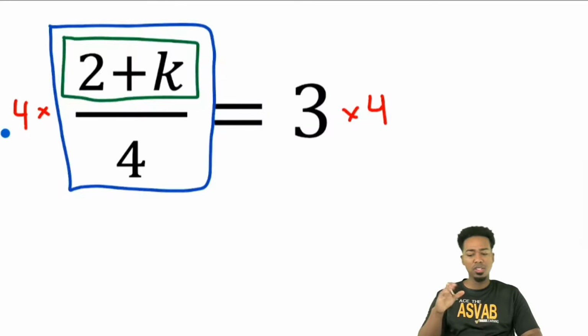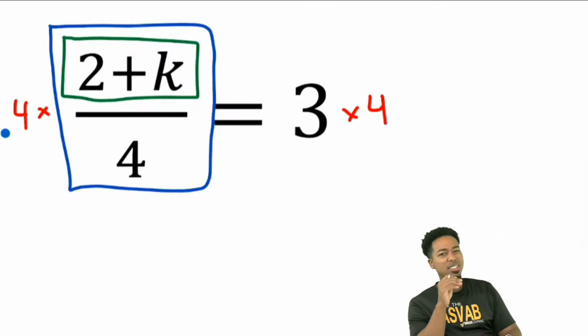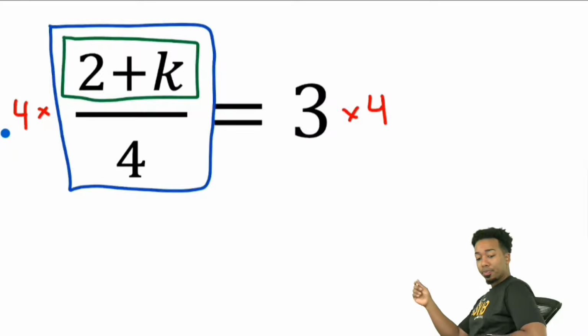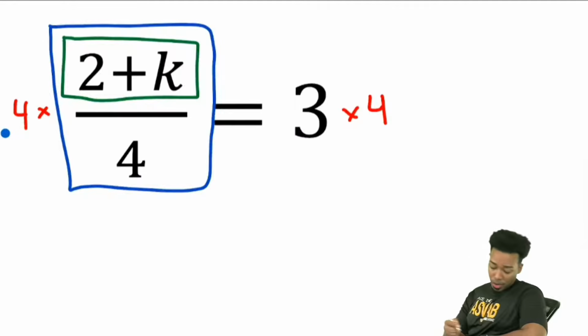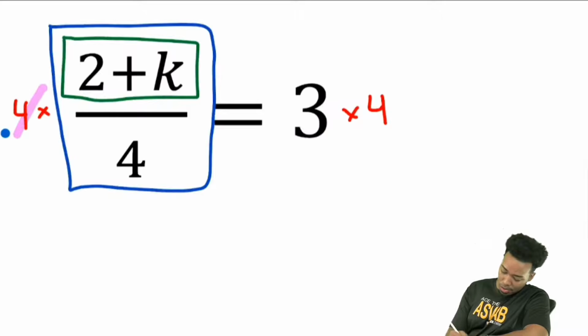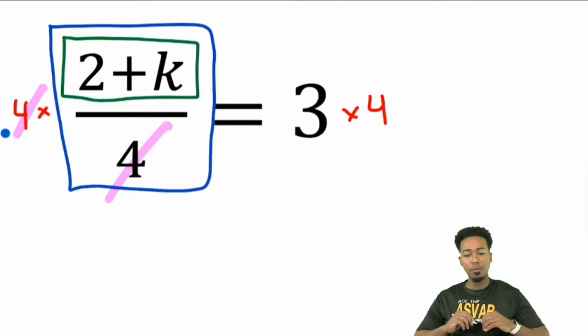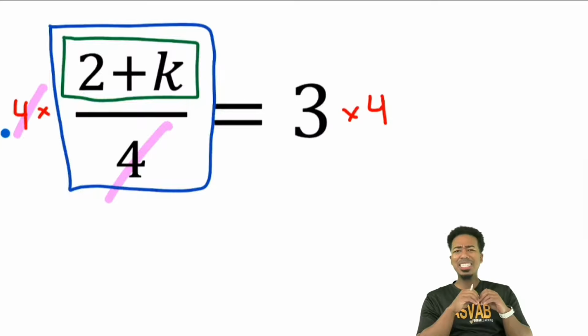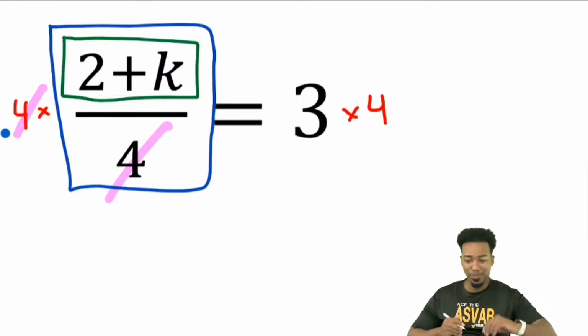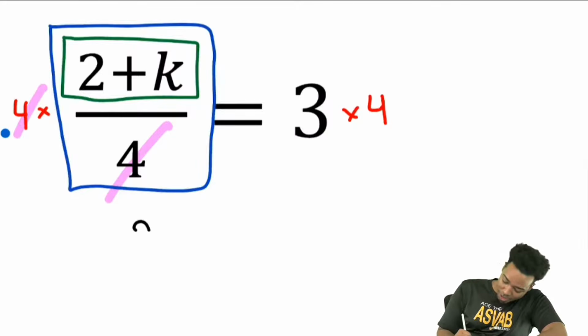Dominic, I saw that. I'll see if I can get the chance to do that. We're running out of time here, okay? So here we have times 4, both sides. We cancel that out, and then we have 3 times 4. Everybody, 3 times 4 is what? 12. Cool. Nice and easy. So we still have 2 plus k equals 12.